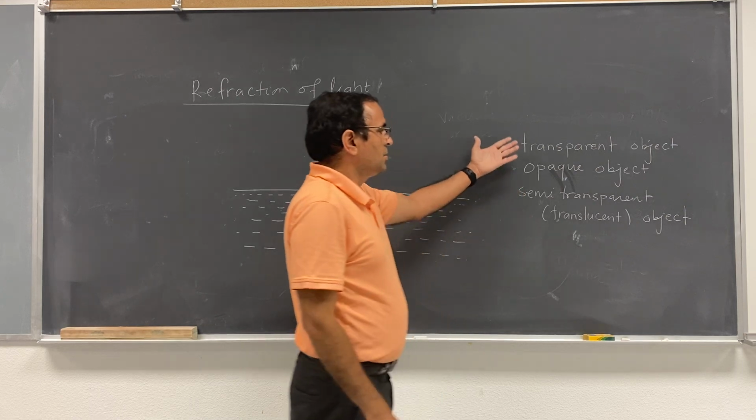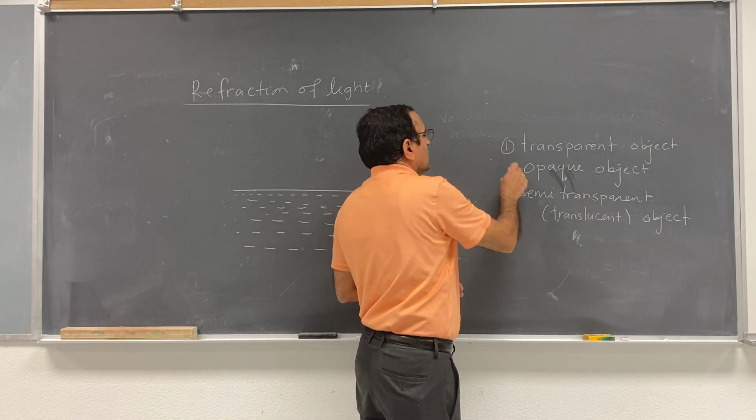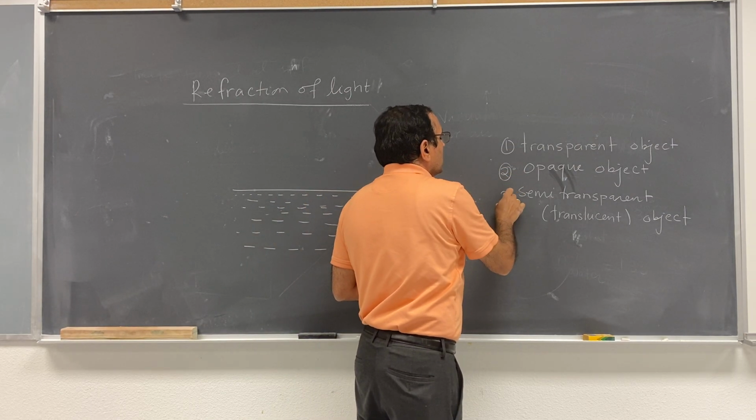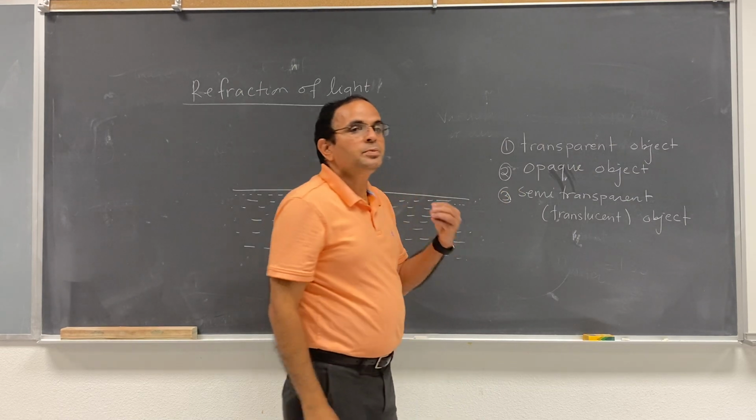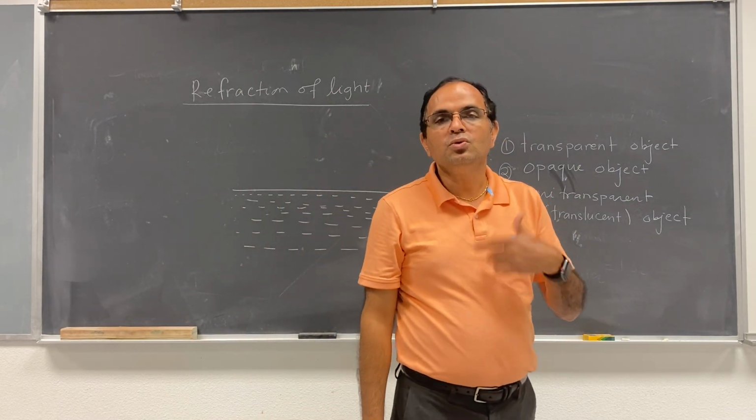So we have three types of object: transparent, opaque, semi-transparent. In a transparent object, light can pass through.